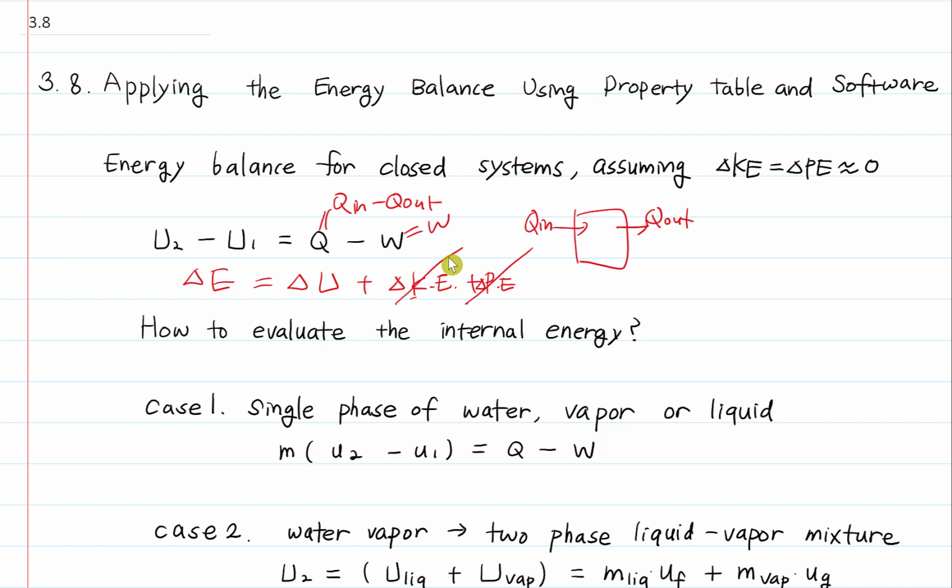W is W out minus W in. Some work is done by the system and some work is done on the system. So our assumption is Q is positive when heat is transferred into the system, and W is positive when work is done by the system.